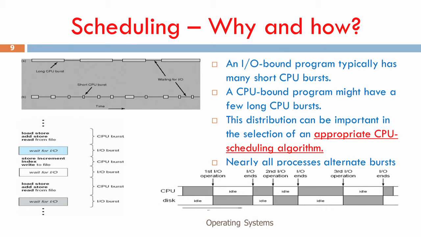At the same time, I can also get IO device utilization. So I can merge the CPU burst of one program with the IO burst of another program and see that concurrency. Since this is possible, now I need somebody who will tell who should execute when, so there is a need for coordinating this activity, and that is the role of a scheduler.